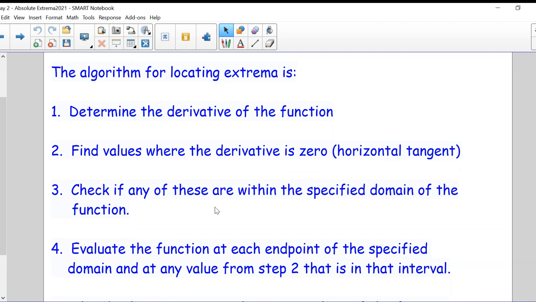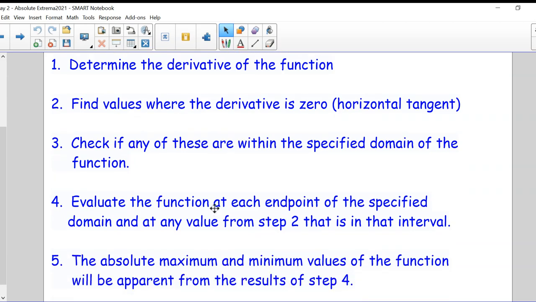Check if any of these are within the specified domain of the function. Are these points where the function has a horizontal tangent within the restricted domain that we have set for searching for this extreme? Because if it isn't, then we have to discard it. We can't use it. Evaluate the function at each endpoint of the specified domain.